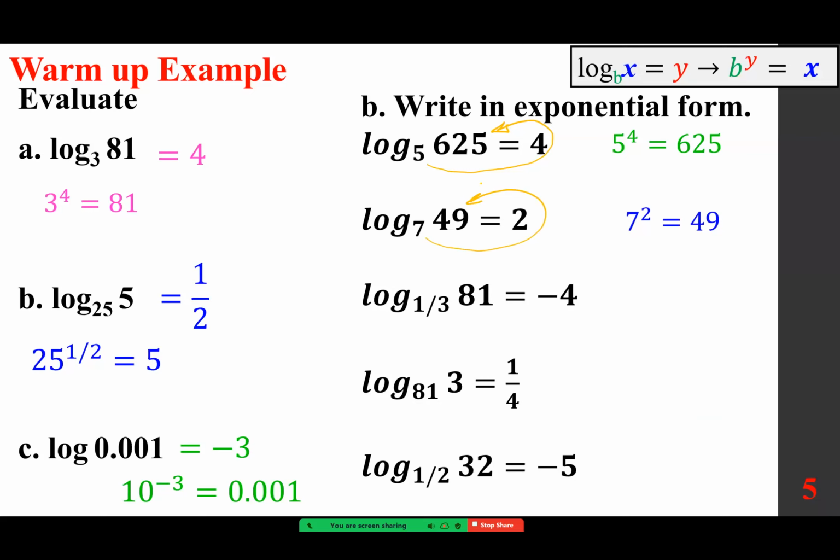What about the next one? Log of 81 base 1/3 equals -4. One-third to the power of -4 must be 81.